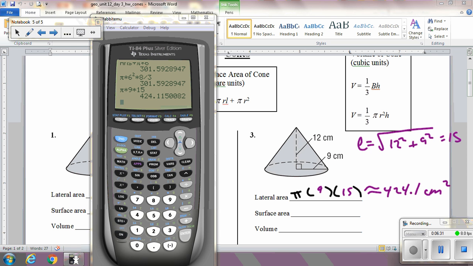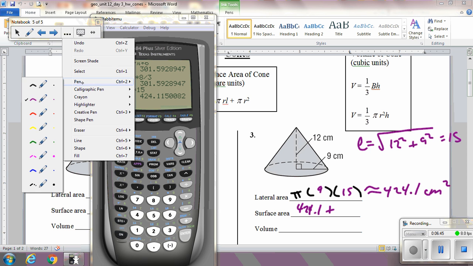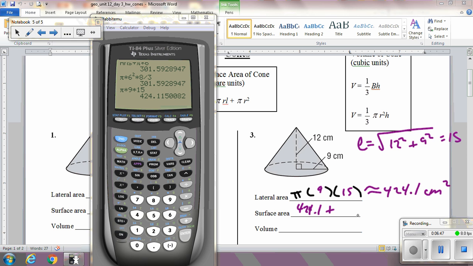So again, I'm transferring the information just so you can see it on paper. But in the calculator, I'm going to use the entire decimal to represent my lateral area. Again, the only thing I need to add is pi times my radius squared. And my radius, again, is 9.